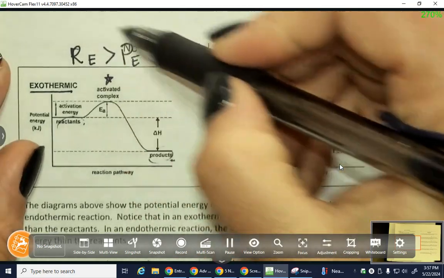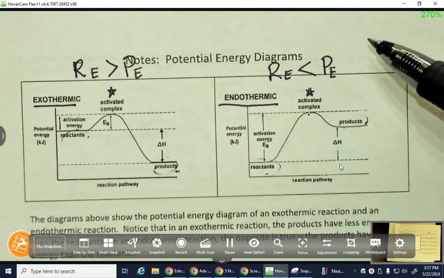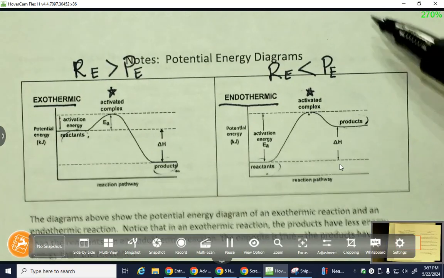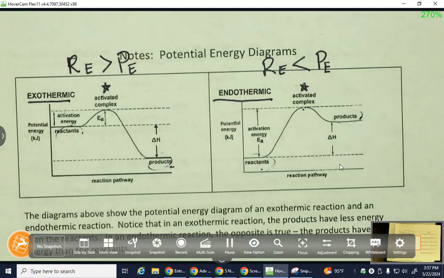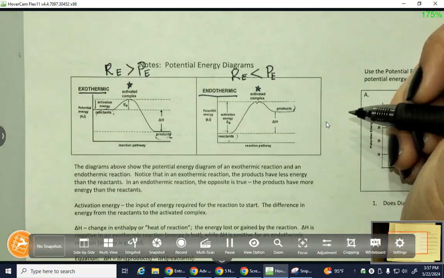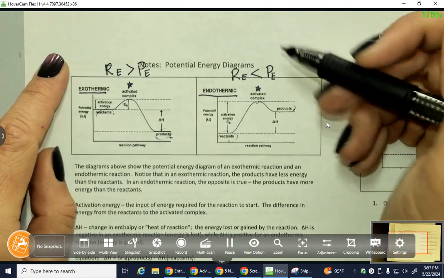If you set up a ton of dominoes going around a room, you have to push the first domino. It's not going to start on its own. You have to put the energy in, and then it goes on its own. Spontaneous would be if it does it on its own without energy being input.